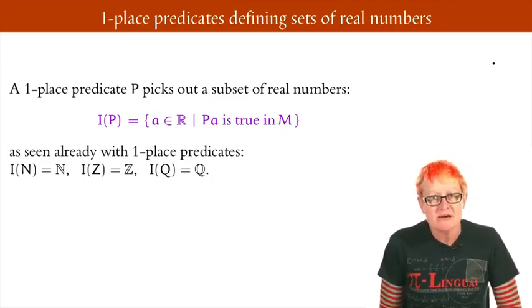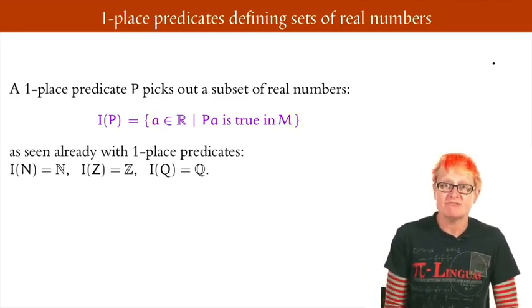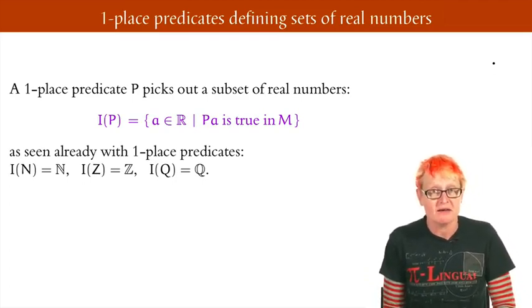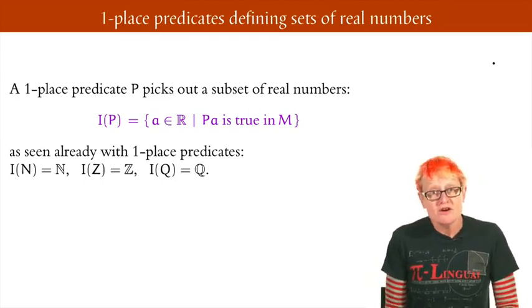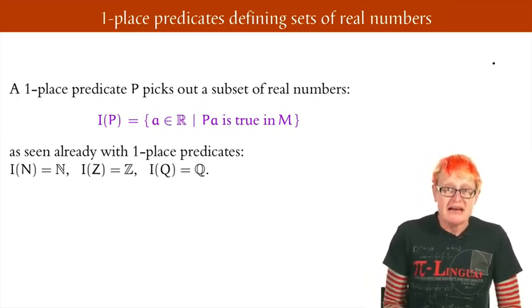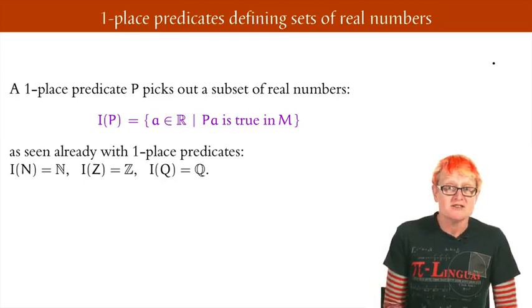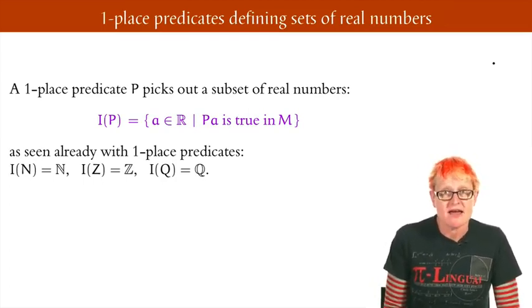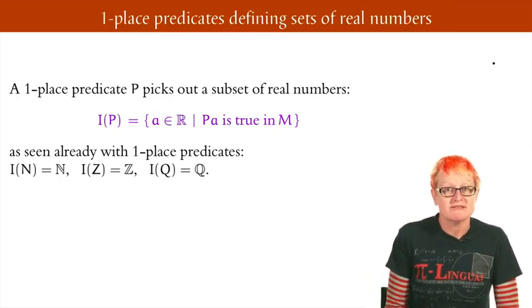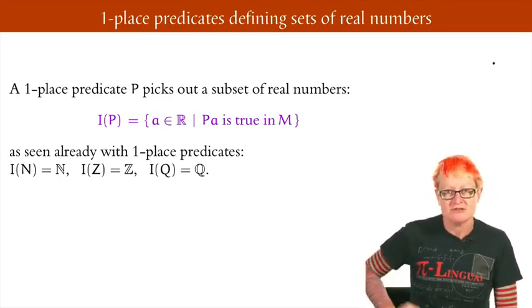In our setting, a one-place predicate P will pick out a set of real numbers, I of P. We will also call it the P set. We've already seen this with basic one-place predicate N, denoting the set of natural numbers, and the defined one-place predicates Z and Q, denoted by the sets of integers and rational numbers, respectively.